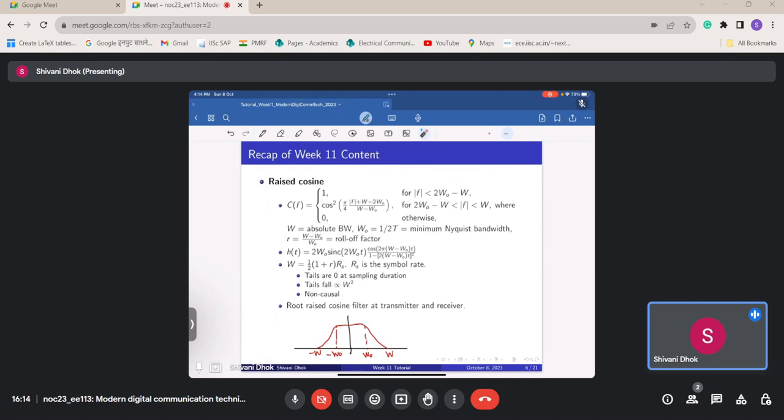And the factor that tells how much excess bandwidth we have with respect to Nyquist is r equal to (W minus W0) upon W0, which is known as the roll-off factor.